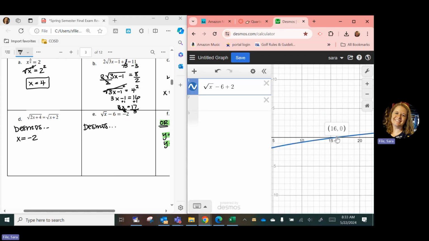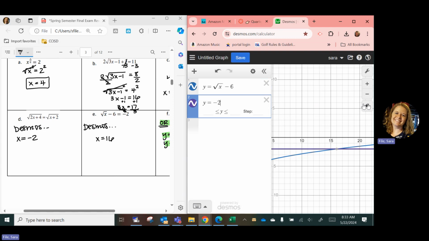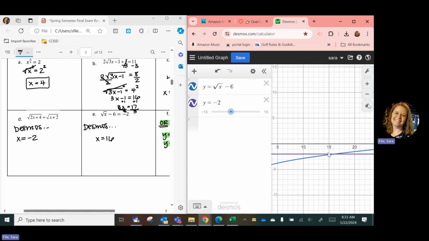Here, that's at 16. So x equals 16. Or I could have done y equals the left and y equals the right and found the point where they intersect, which, guess what, is also where x is 16. Good?